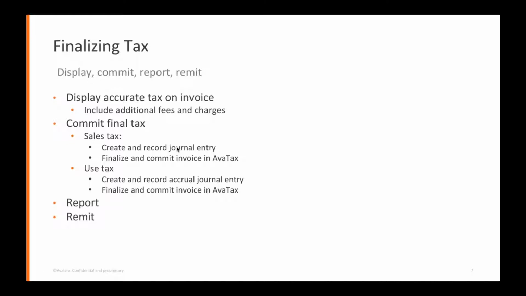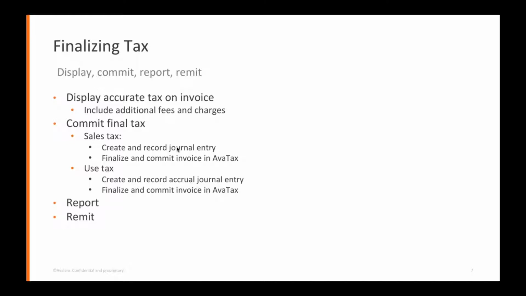And as I mentioned earlier, on this section where we were talking about document type within the Create Transaction API method, there is a sales invoice document type. What that will do is persist the transaction or the invoice within the AvaTax service for your ERP user, your accountant, your bookkeeper to then see that invoice.